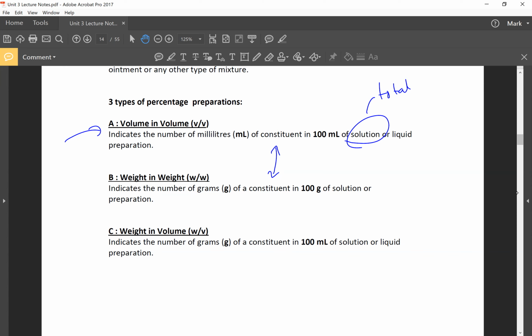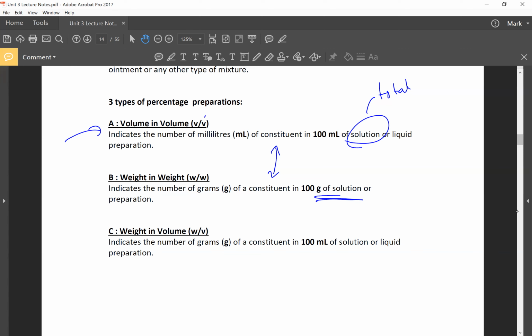We could also calculate percentages using weight, and this is very useful for solid ingredients. You could be mixing a solid powder into a solution. Sometimes you could be mixing a solid powder into an ointment, which you could easily weigh.